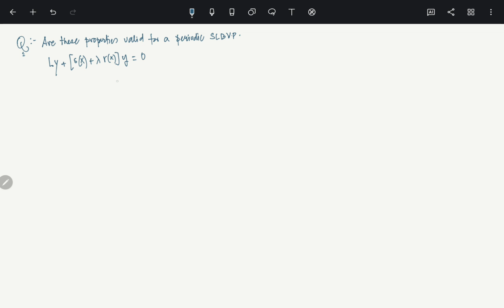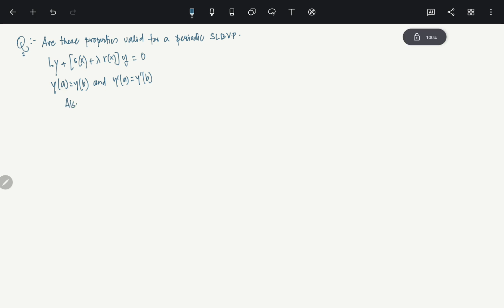We are not talking about the regular Sturm-Liouville boundary value problem. So basically you have y at the point a equals y at the point b, and y prime at the point a equals y prime at the point b. Okay, and there is an extra assumption also.